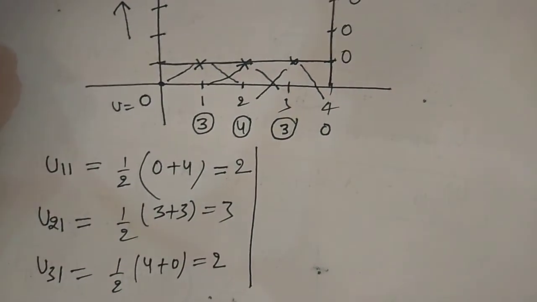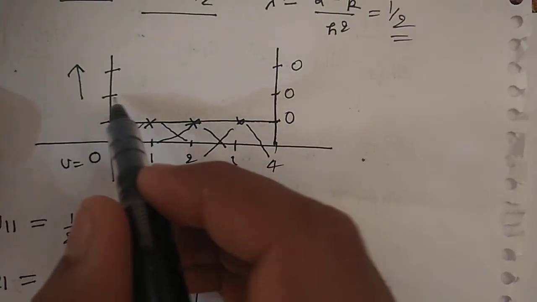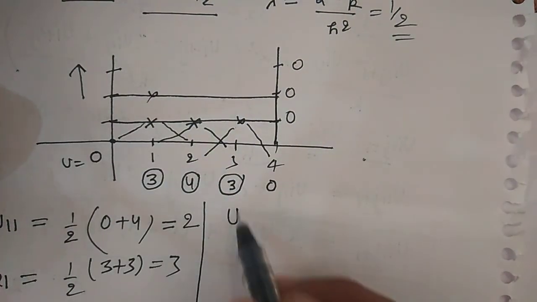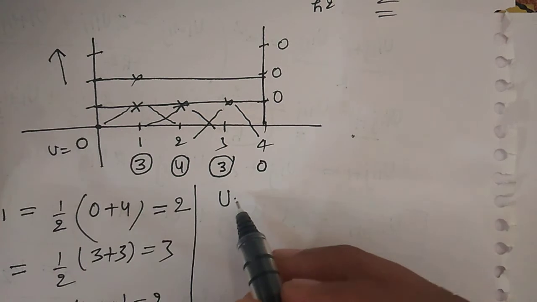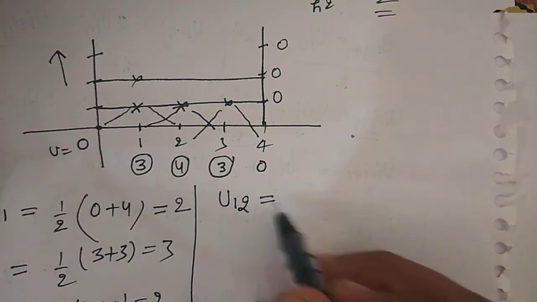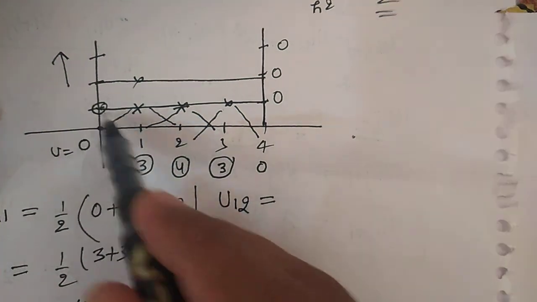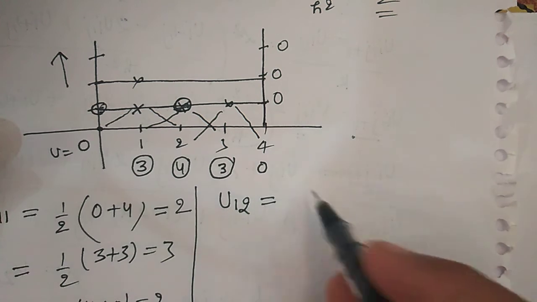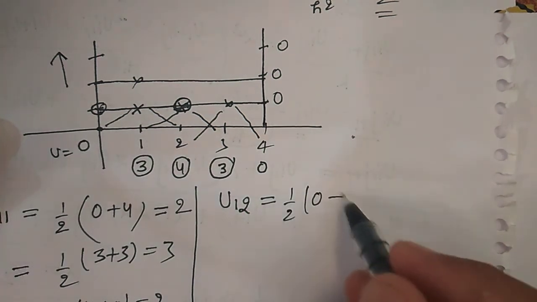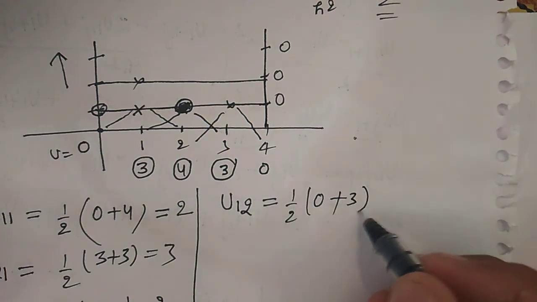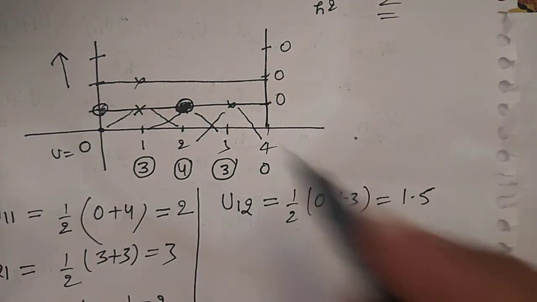And we can have the next time level. So we can have u(1,2) equal to the average of these two points' u values: 1 by 2, 0 plus u21, which is 3, so 1.5.